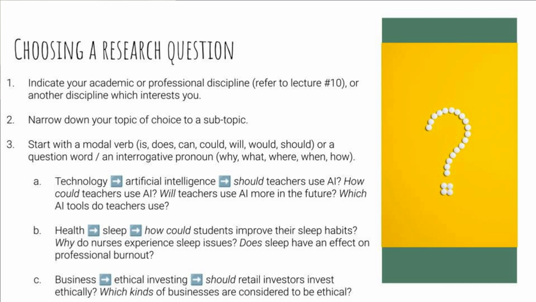What you could do is make a bit of a tree with a topic and a few tentative subtopics and a few tentative questions for each, and just choose which one you like the most, right?